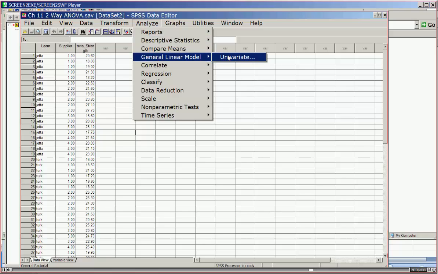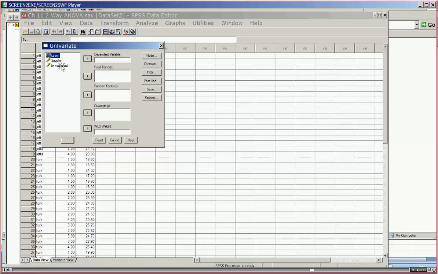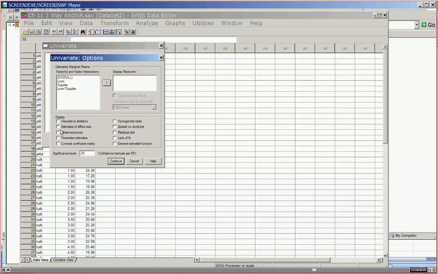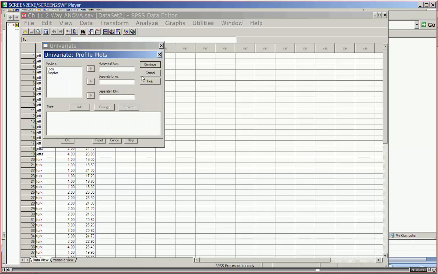Now, we need to run a two-way ANOVA in this way here. This is our dependent variable. And these are fixed factors. We can ask for observed power and estimated effect size. Descriptive statistics could be useful, let's use that.